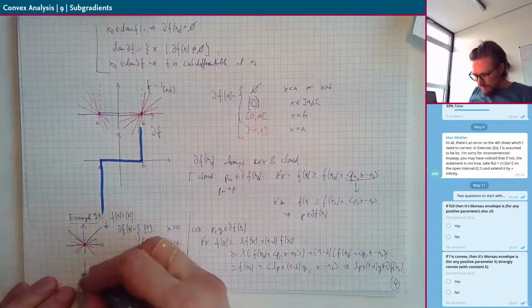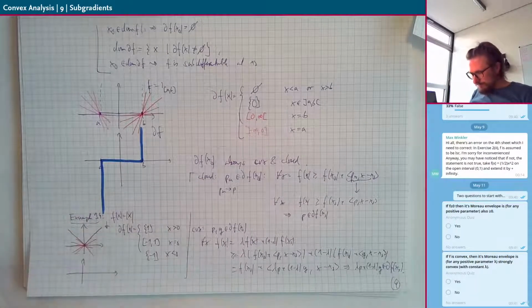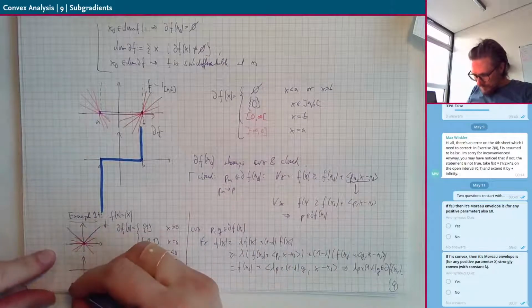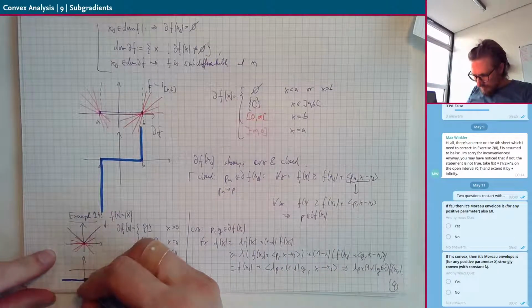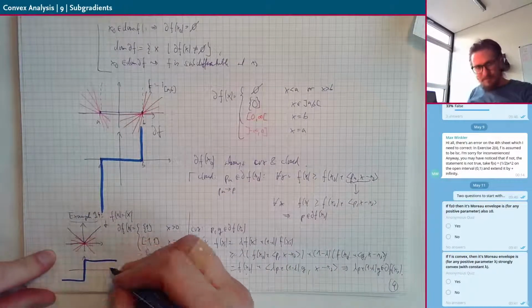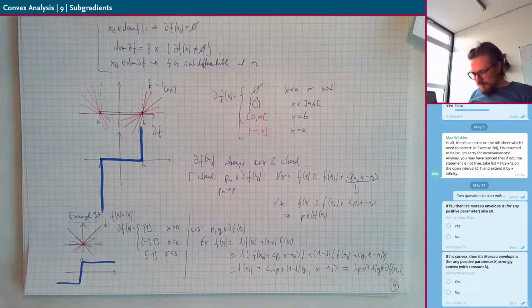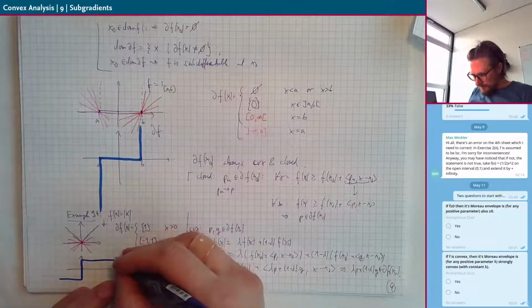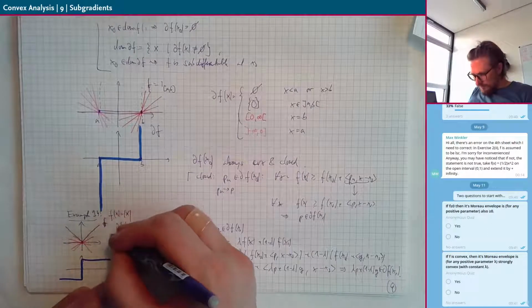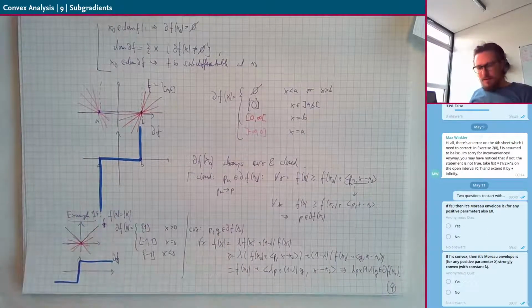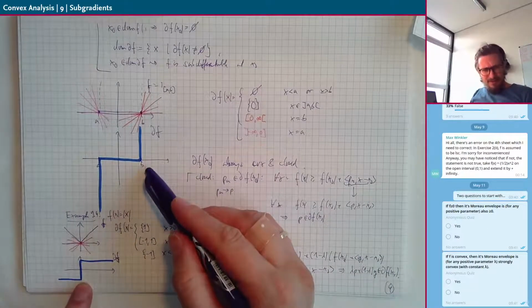So the graph of the subdifferential looks like it stays at -1, then it has a full vertical line and stays at 1. That's the graph of the subdifferential, which looks kind of like the opposite of the function, and it's no coincidence.